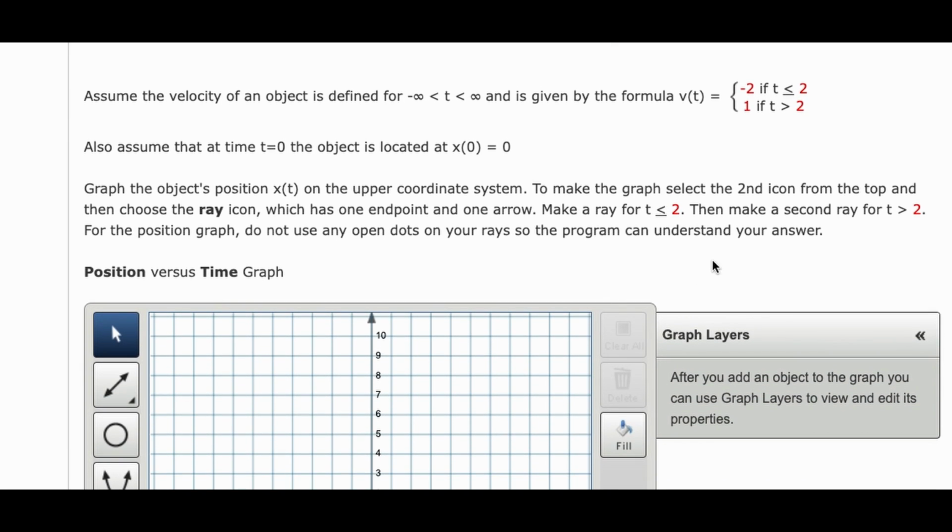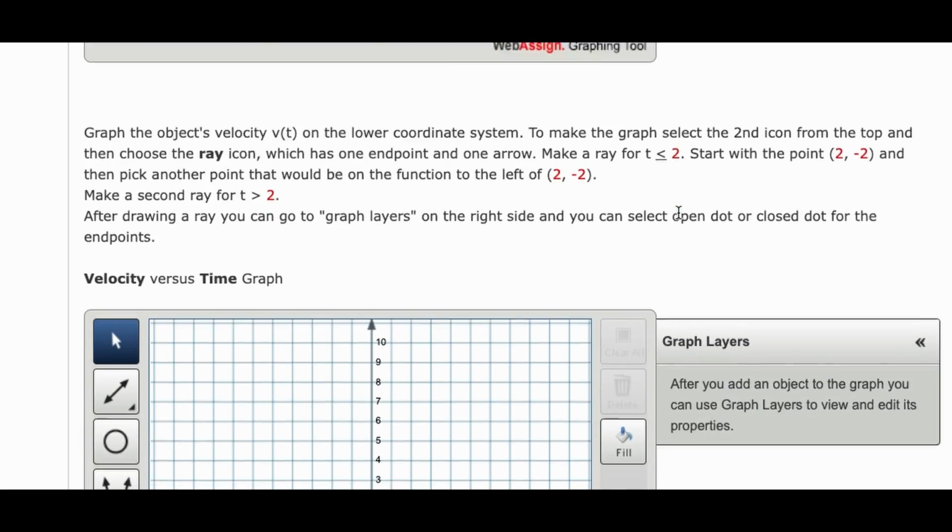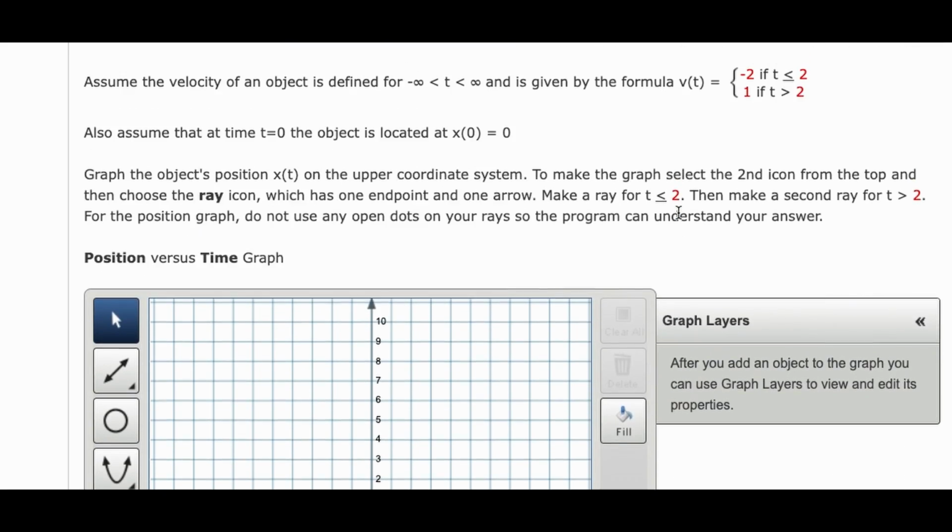Now they give a piecewise-defined situation. That's a little tougher. They say, what if the velocity was -2 for all times to the left of 2 seconds, and then it changes to a 1? We can graph that. So let's say we have velocity. There's a sudden change that occurs here at t equals 2.